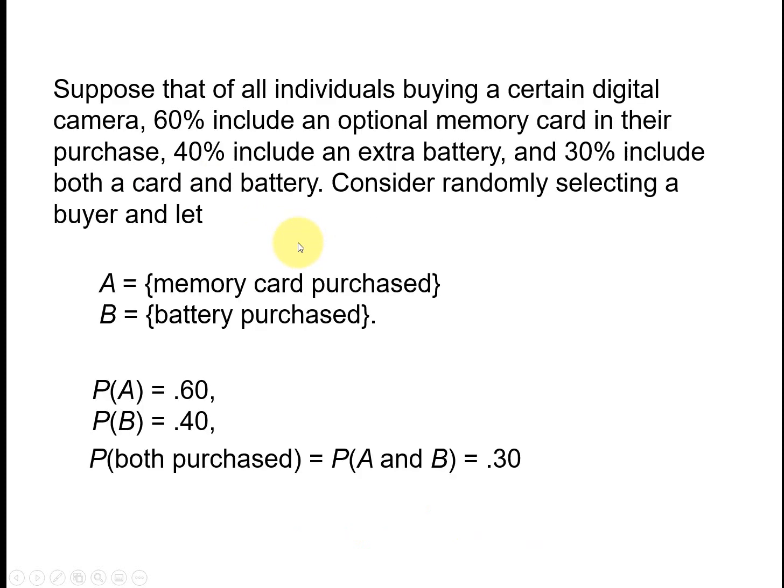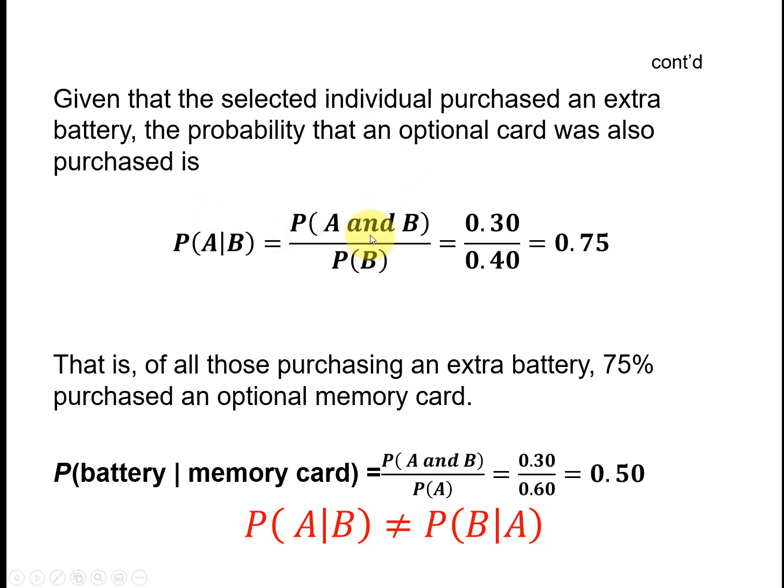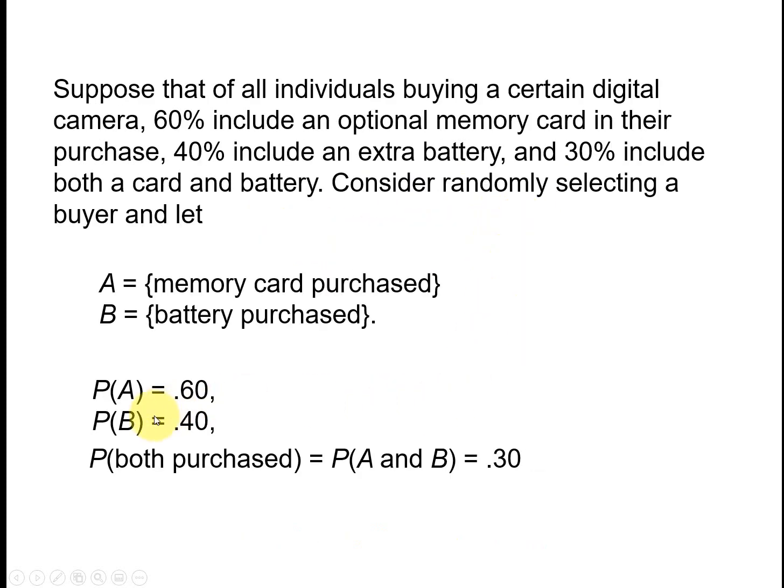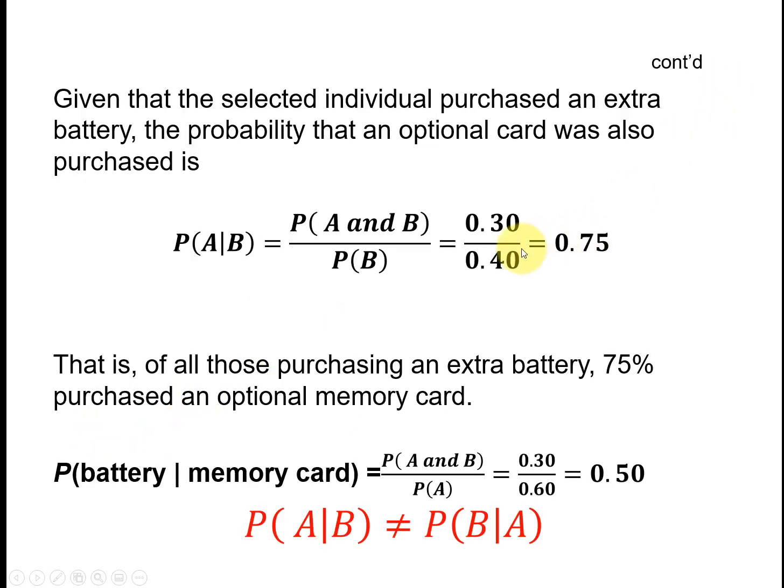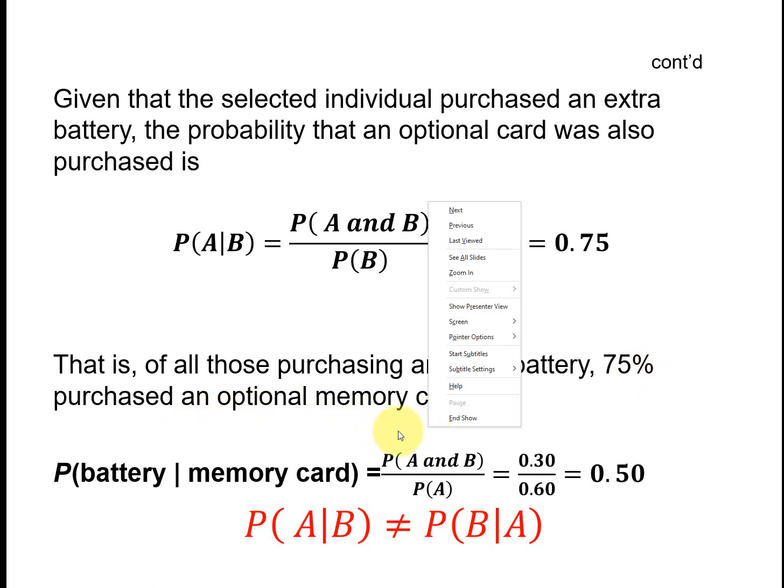And so using our probabilities from before, our intersection between those two events was 0.3, while our battery purchase was 0.4, and that's our denominator here, and that just simplifies to be 75%. So that is, of all those purchasing an extra battery, 75% also purchased an optional memory card.